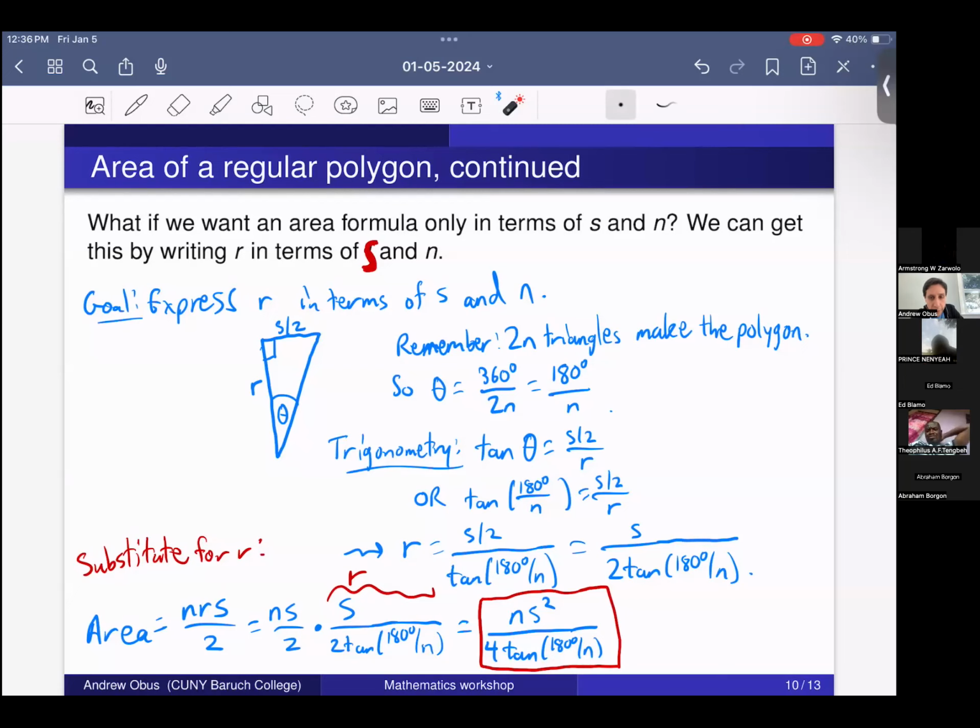It's a serious derivation. Okay, if no questions, let's just do an example.